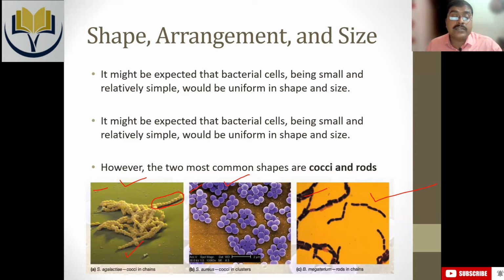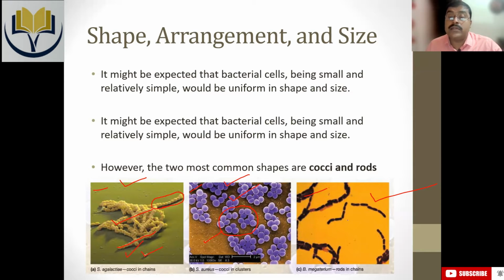This is a Staphylococcus species, and this is also a Staphylococcus, but these two have differences. This particular species has a chain-forming structure, and this one has a grape-like cluster structure. Both are coccus, both are Staphylococcus, but this is Staphylococcus aureus and this is Staphylococcus agalactiae. So these two have the basic structural pattern.